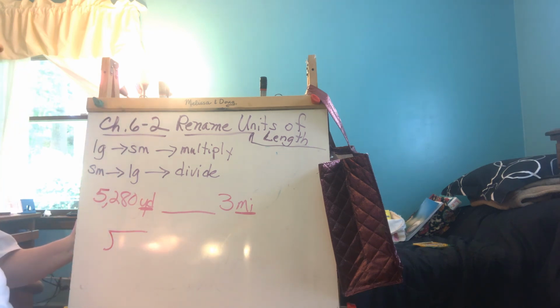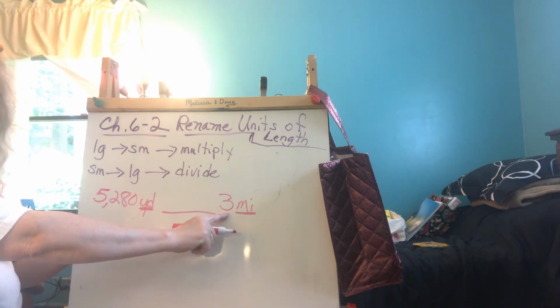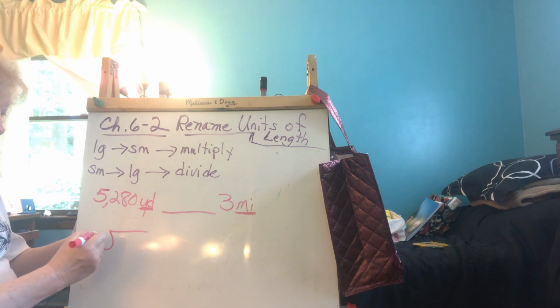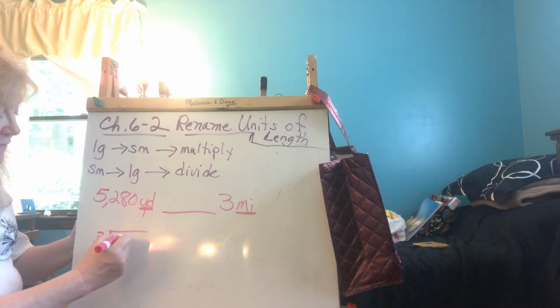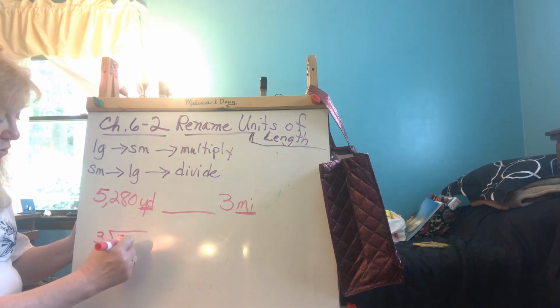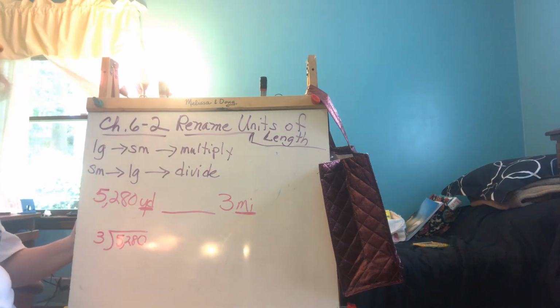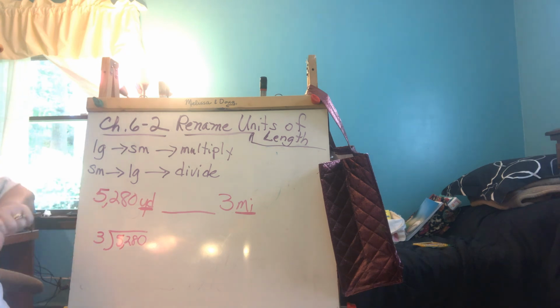What am I going to divide by? Right? The smaller number, 3. And what is my dividend in this case then? 5,280. So now we have to figure out, where am I going to begin my answer?